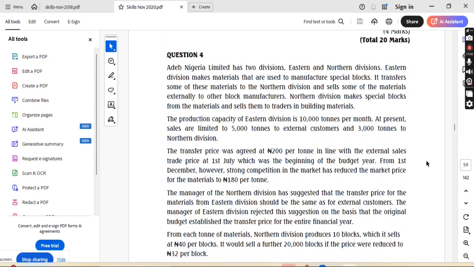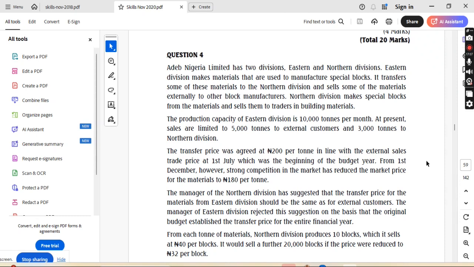Adab Nigeria Limited has two divisions, Eastern and Northern divisions. Eastern division makes materials that are used to manufacture special blocks. Class, there are two divisions, Eastern division and Northern division.